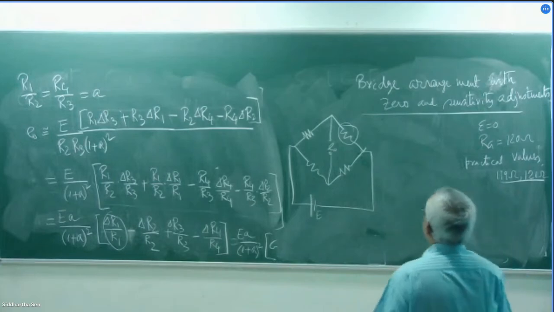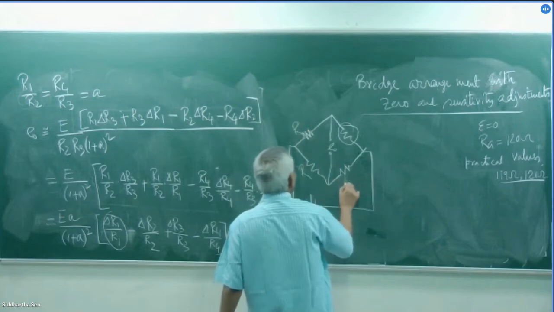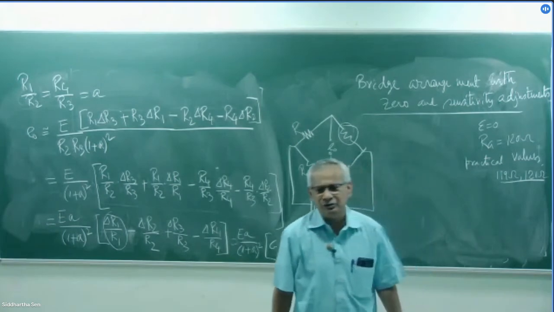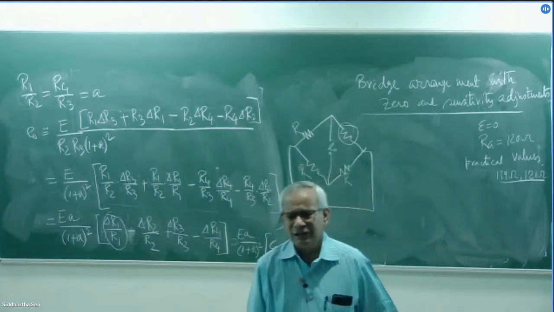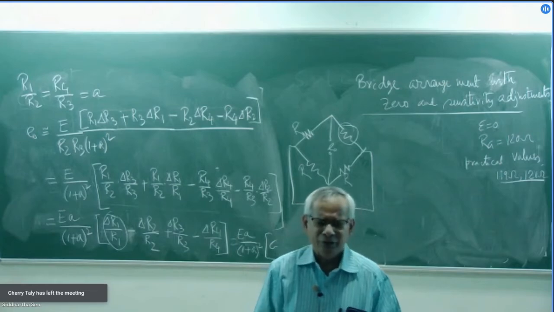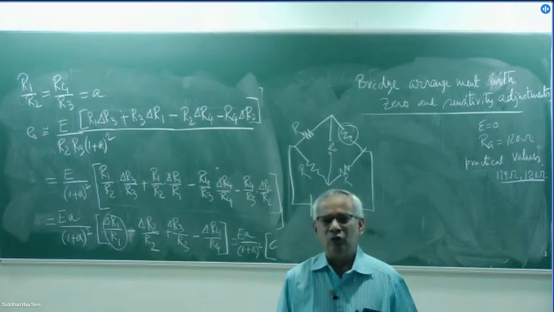So naturally, even though I expect that all the other fixed resistances are exactly 120 ohm, the strain gauge, because of manufacturing defects, could always produce an unbalanced voltage even with zero strain.